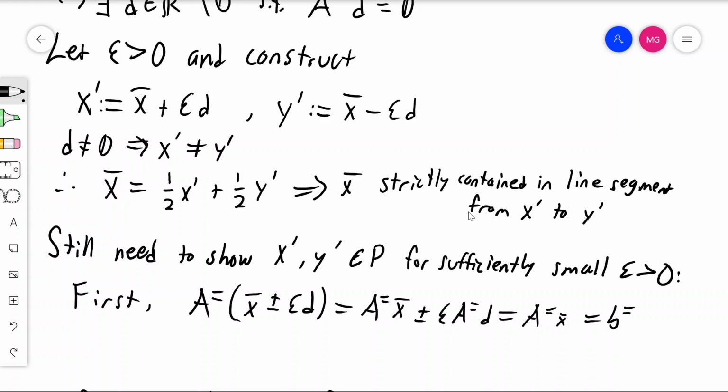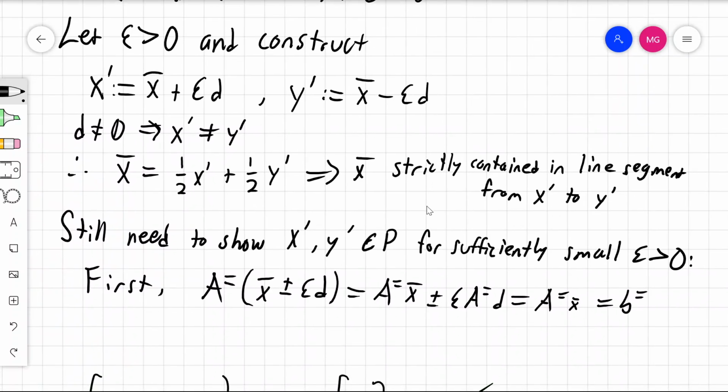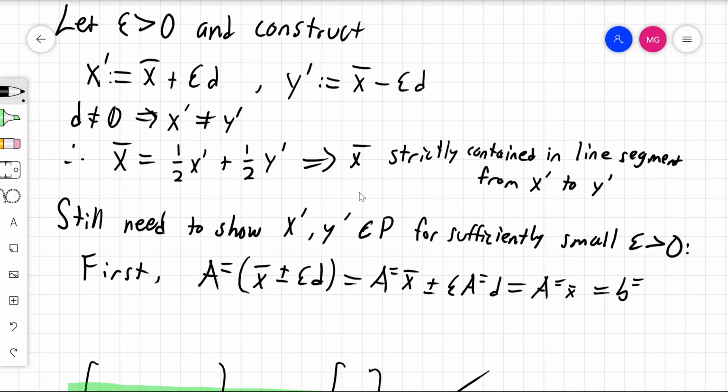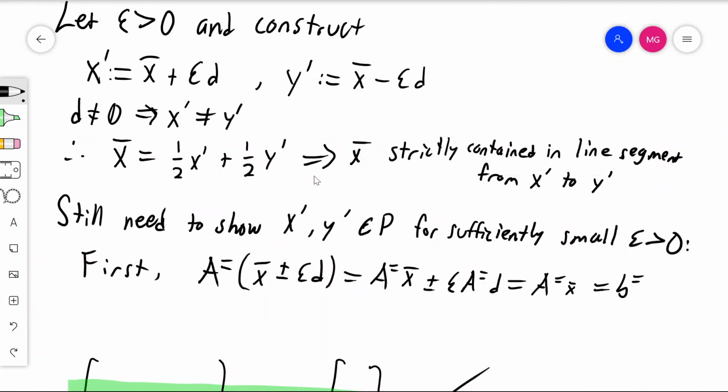That's by convexity of polyhedra. But first, we need to establish that x prime and y prime are themselves inside the polyhedron, because that's what will show by definition that x bar is not extreme. We do know that x bar is strictly contained in the line segment from x prime to y prime. Now we just need to show that that line segment is in fact inside the polyhedron.